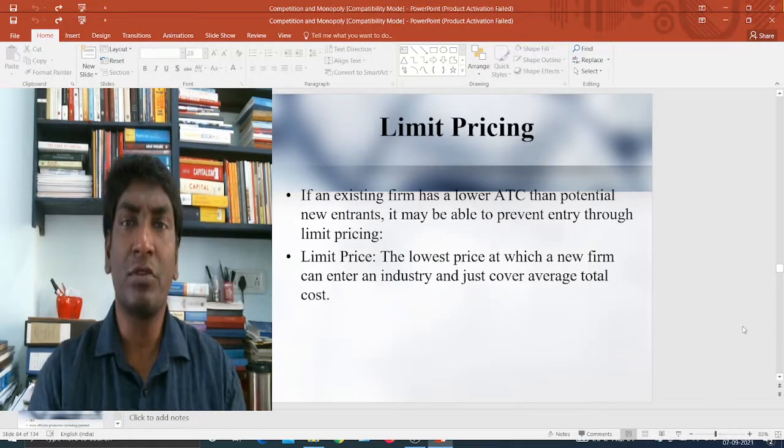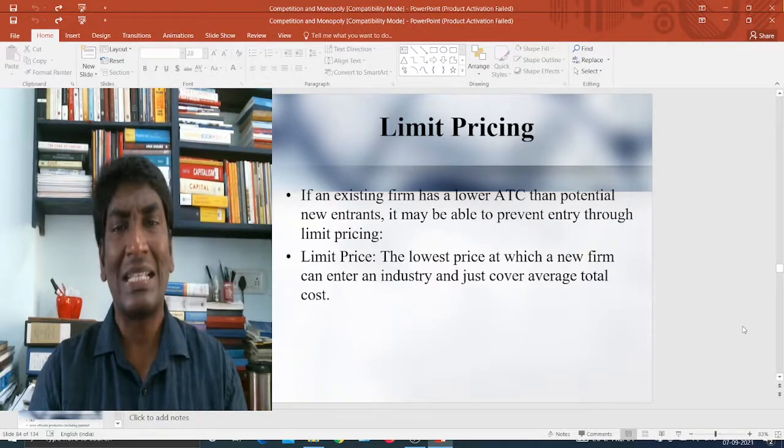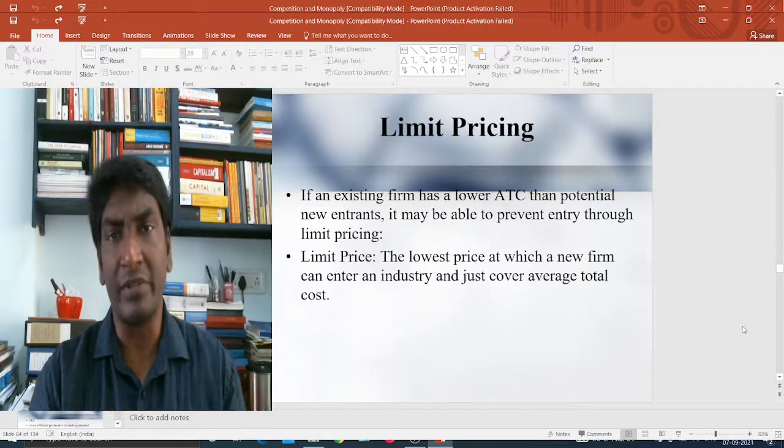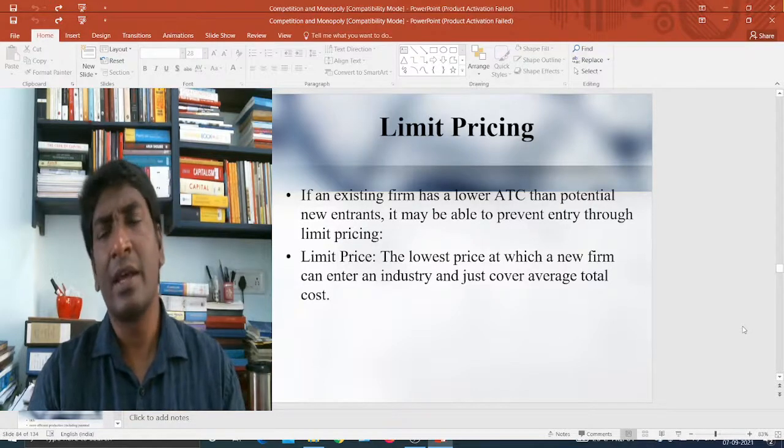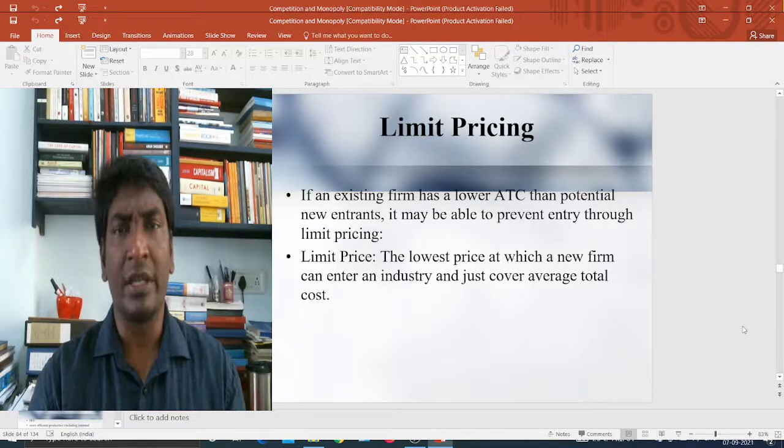So let me come to the problem, that is, what is limit pricing. We have already mentioned limit pricing in the previous lecture and had a little bit of analysis also about the limit pricing. But let me look into some aspects of it as a beginning of this lecture.